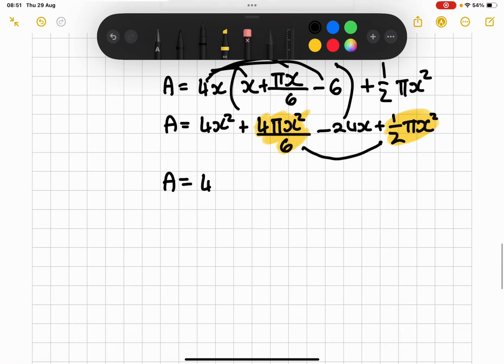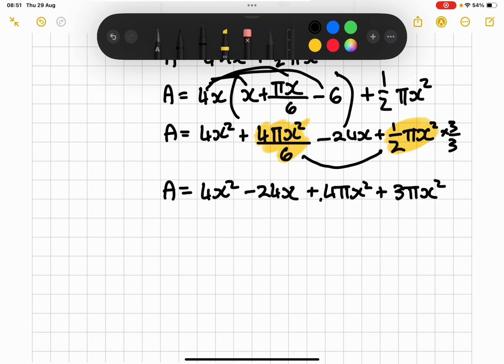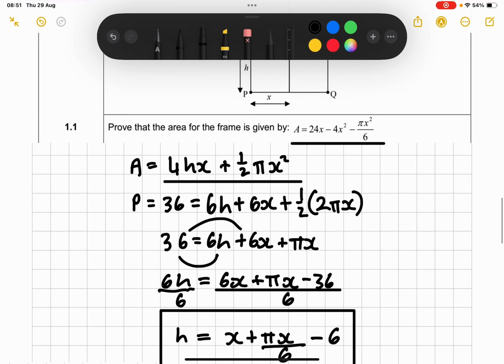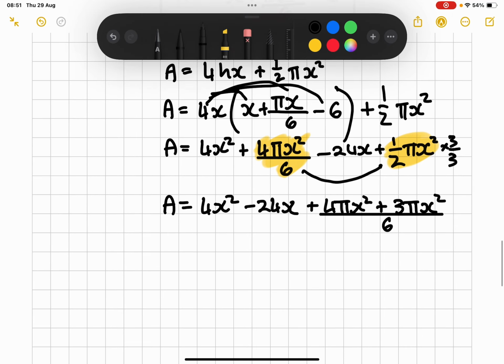So 4x squared minus 24x, and now our like terms, which is going to be 4 pi x squared plus, here we're going to multiply by 3 over 3, which will give us 3 pi x squared, all of that over 6.